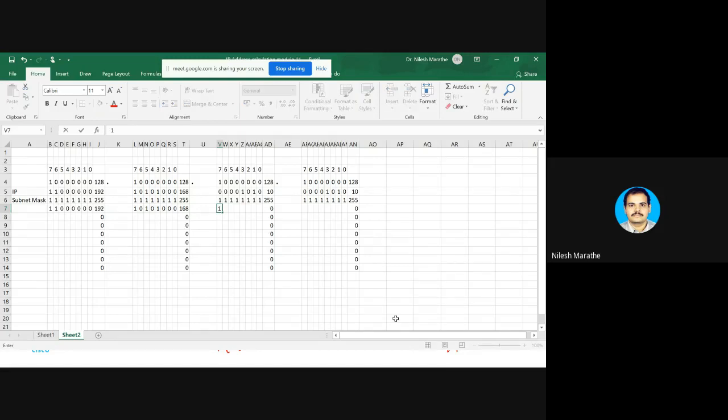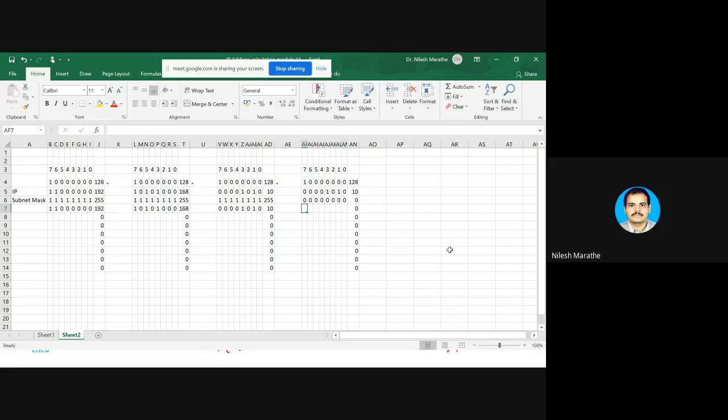So 1, sorry, 0 0 0 0 1 0 1 0, 10. Now here the subnet mask given is 0. So all the bits at this position will be 0.